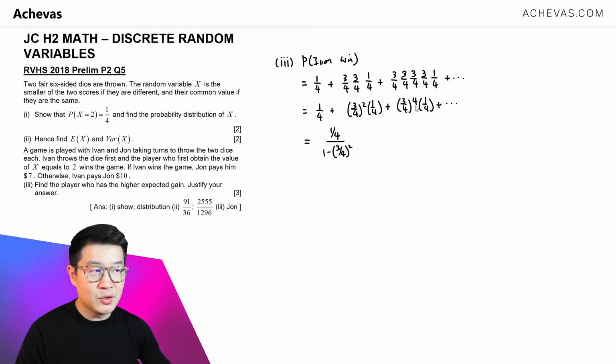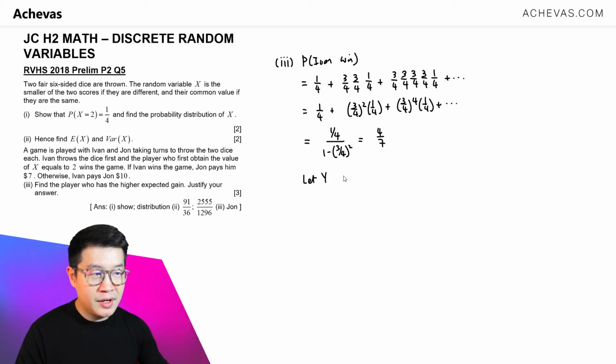From here to here it is also going to be multiplied by (3/4) squared. So (3/4) squared is going to be the common ratio of the GP. We are using the sum to infinity of a GP formula, a over 1 minus r, and this gives us 4/7.